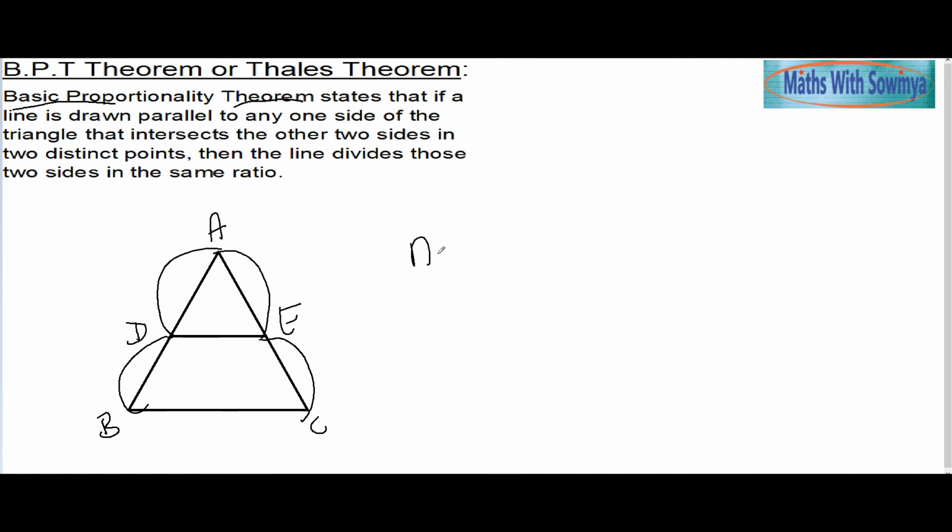That means AD by DB will always be equal to AE by EC. This is what our BPT theorem says. Now, we will move on to proving the BPT theorem.